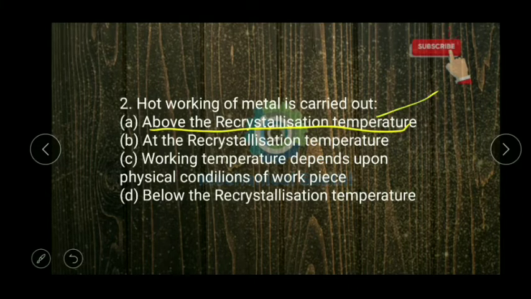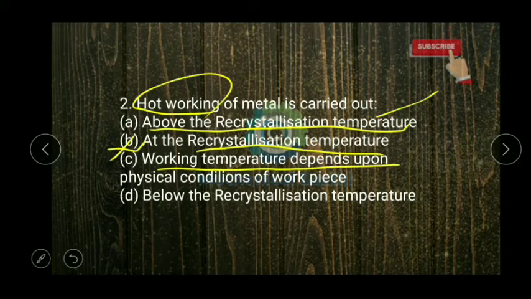Let us check all other options also. So at the recrystallization temperature, no, we can't say like this. Hot working will be carried out above the recrystallization temperature. Option C is telling that the working temperature depends upon the physical conditions of the workpiece. So we cannot say this is also a correct option.